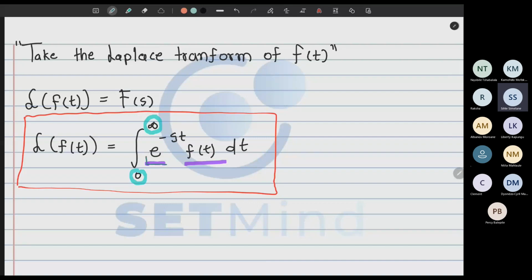You are multiplying one function which is dependent on t by another function which is dependent on t. So you are trying to integrate a product of two functions, and this should ring bells.